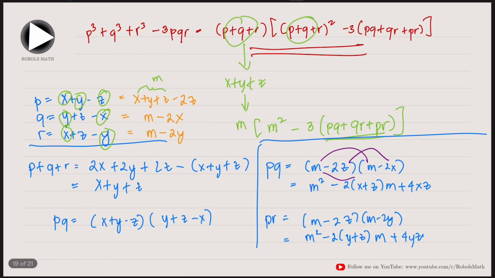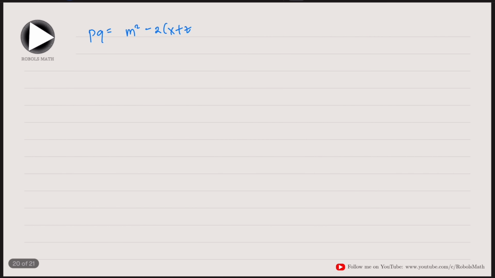So in the next page, I'll just rewrite them. PQ is equal to m squared minus 2 times x plus z. Am I correct? Oh, sorry, x plus z, m plus 4xz.